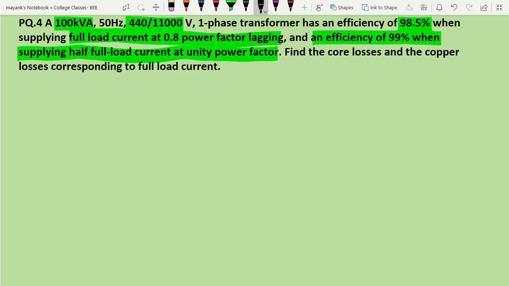See, आपको अब losses पूछे गए हैं, efficiency is given, right? So here the given data is, let us say efficiency 1 is given to you, which is 98.5%. Okay, और ये बताइए ये किस कंडीशन के लिए है. ये गिवन इज व्हेन फुल लोड इज देयर, that means x is equal to 1 and power factor, which is cos phi 2, is 0.8.